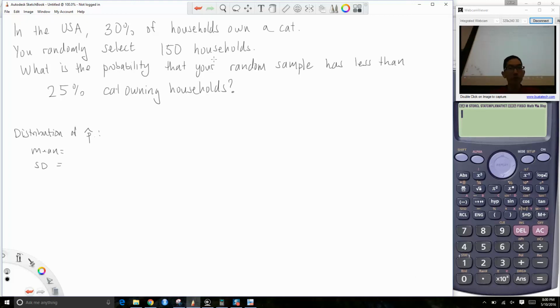All right, and so, as we go through the problem, sometimes it's helpful to identify what's P and what's N and what's the stuff we're looking up here. So here it says, in the USA, 30% of households own a cat. So this is talking about the population. And the population proportion P is 0.3.